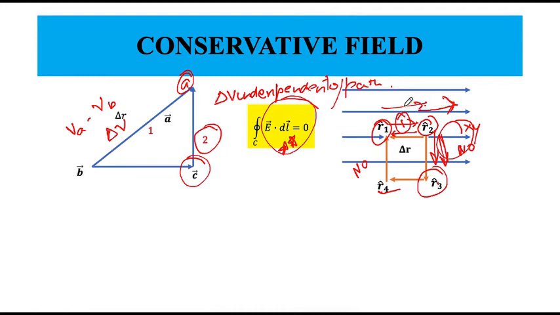Okay, it's not against the field, this movement. So if you assign a sign of minus for the work done against the field from R3 to R4, you should recover the potential energy when you move from R1 to R2.